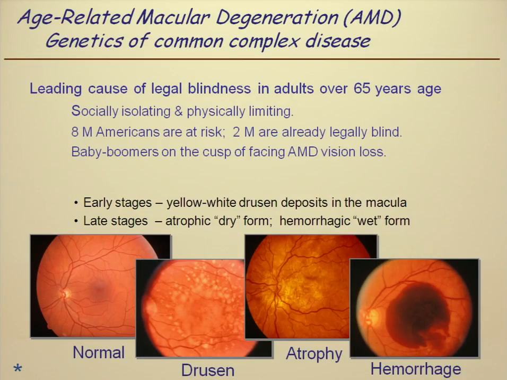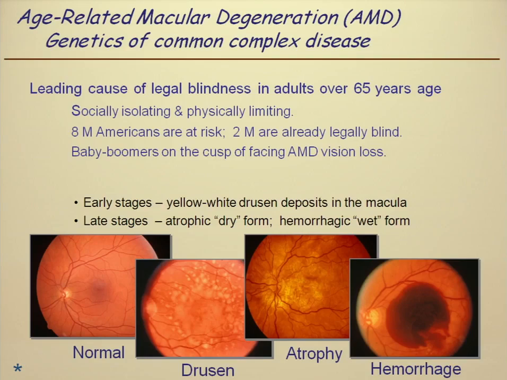The most common blinding condition for ophthalmology is age-related macular degeneration, AMD. At the bottom, what was unfolding was a panoply of pictures: a normal fundus, the optic nerve, the blood vessels, the macula, the reddish retinal tissue.